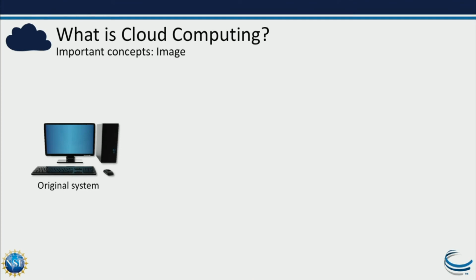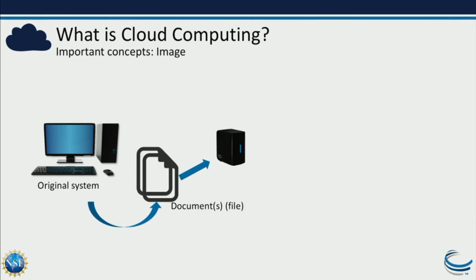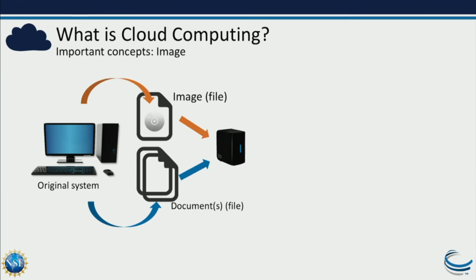So here's the original system, and then maybe you copy documents and your files and put them onto a hard drive. Okay, great. But there is another type of file that you can actually make to take things from your old system onto your new computer, and that is an image file.